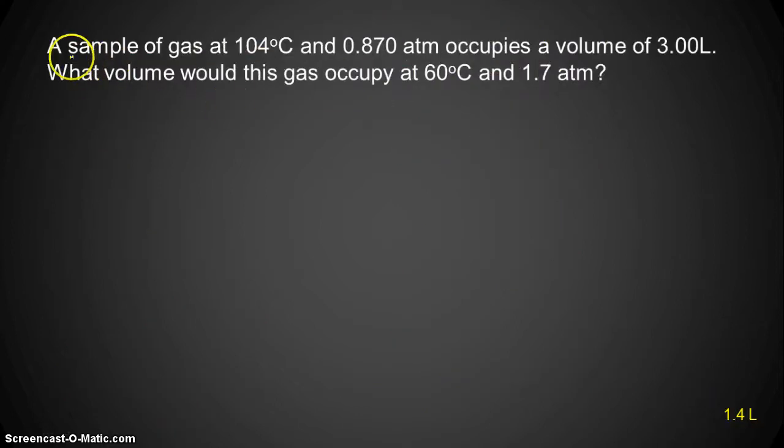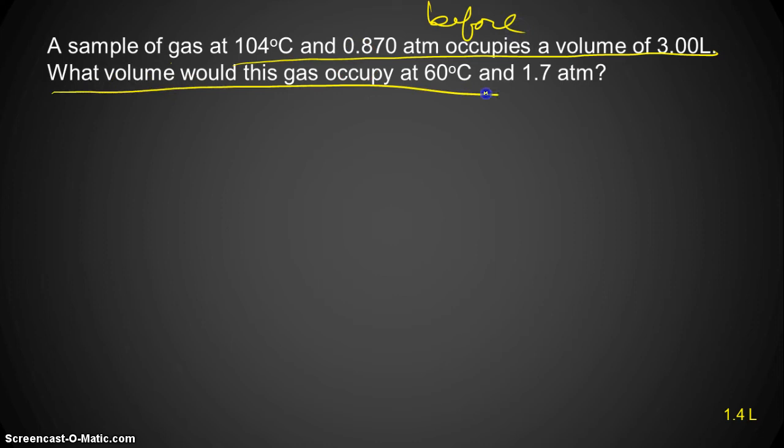Here's another example. It says a sample of gas at 104 degrees Celsius and 0.870 atmospheres with a volume of 3.00 liters. Then it asks what volume it will have if I change the conditions. So once again, it looks like I have a set of before conditions, and then this is my after.